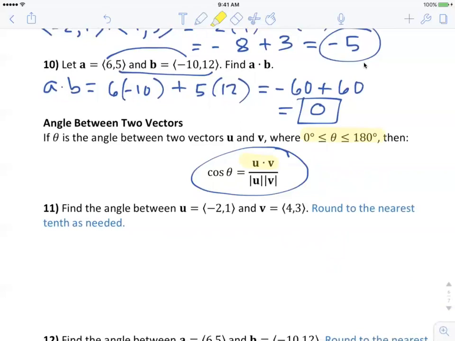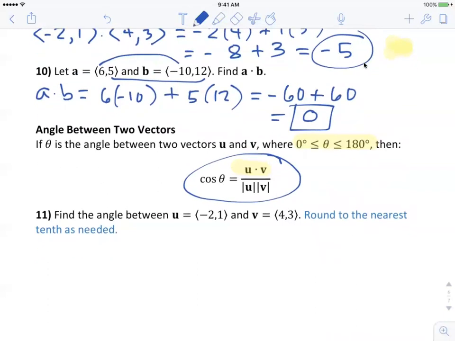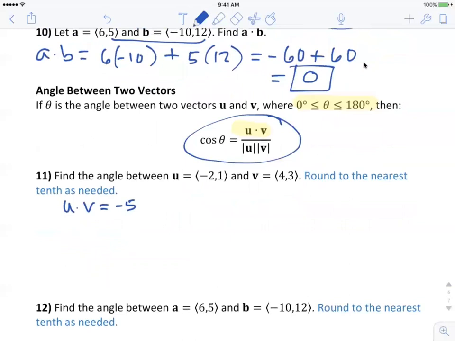We've already found the dot product, right? So in number 9, there it is, we have that dot product. So I already know u dot v is -5, okay? In my formula, the next thing is I want to find the magnitude of u. So let's just find all the pieces first.